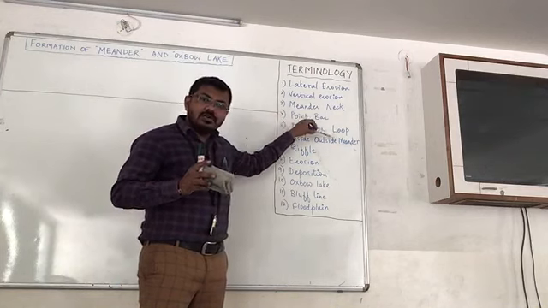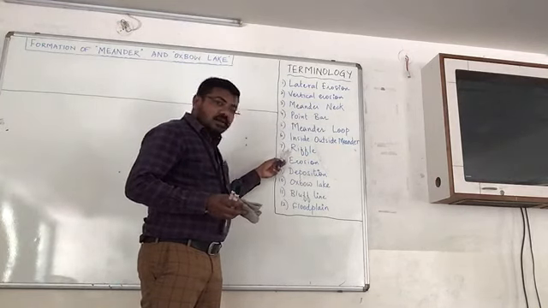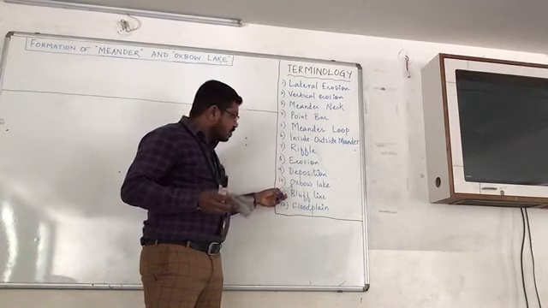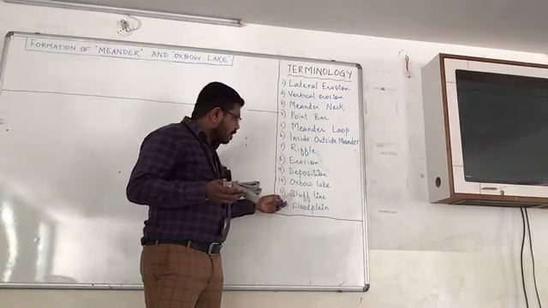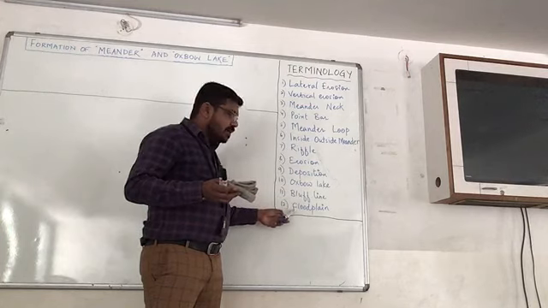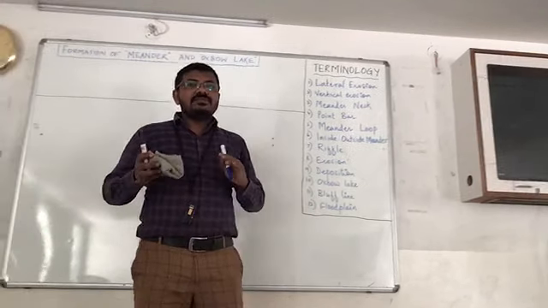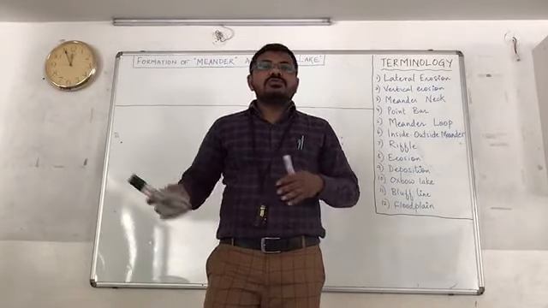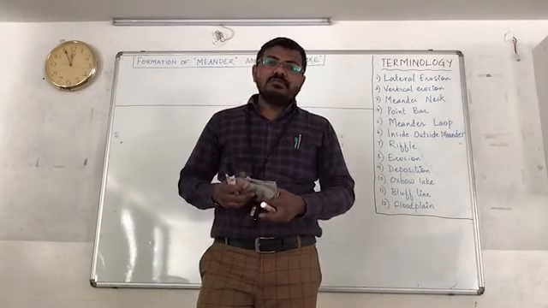Inside and outside meander. Riffle. Erosion. Deposition, oxbow, bluff line, and floodplain. So these are the general terms, as there are 12 terms which are generally used in the description of meanders and the oxbows.